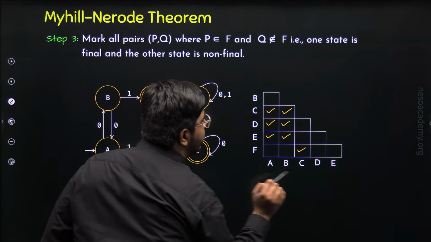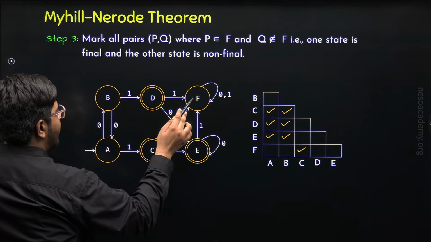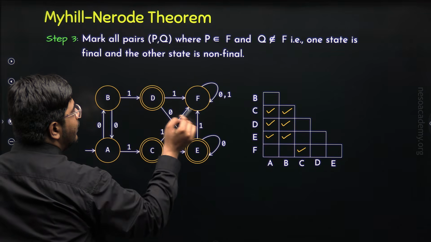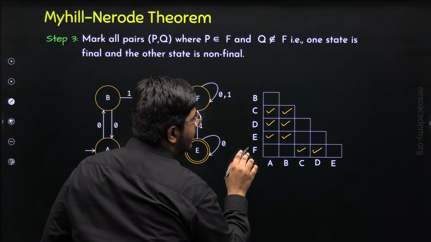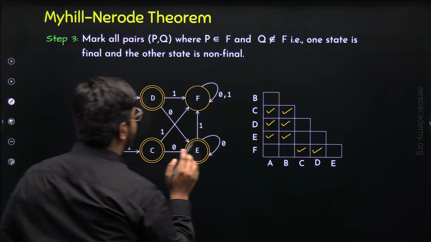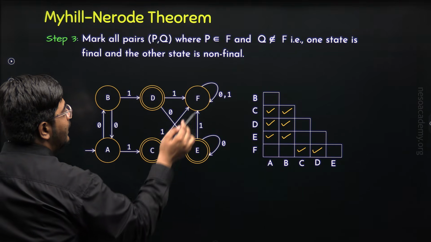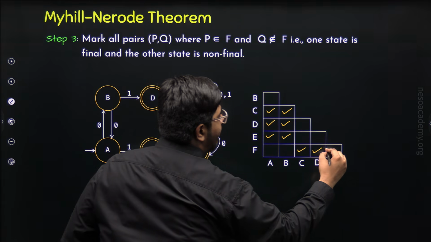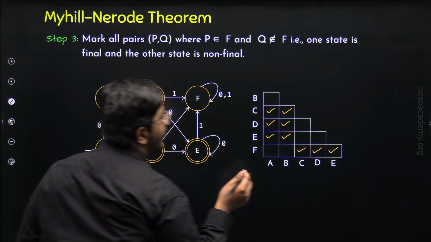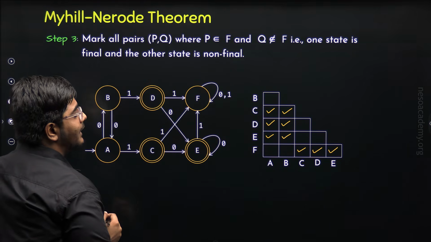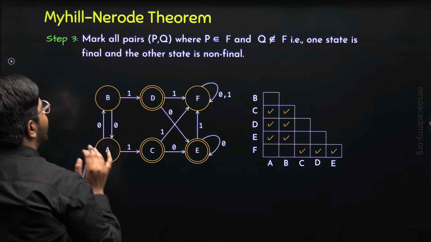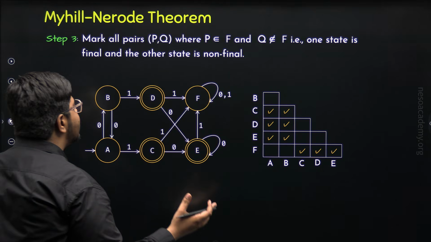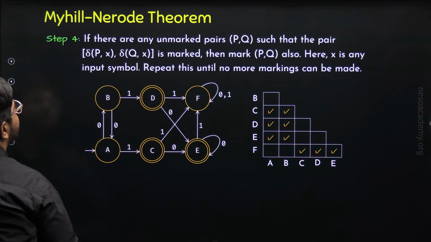Now, FD, F and D, final, non-final. So we can mark FD. Now, FE, FE, final, non-final. So we can mark FE also. And finally, we get all the markings like this. So this is the table after performing step 3. Now let's move towards the step 4.